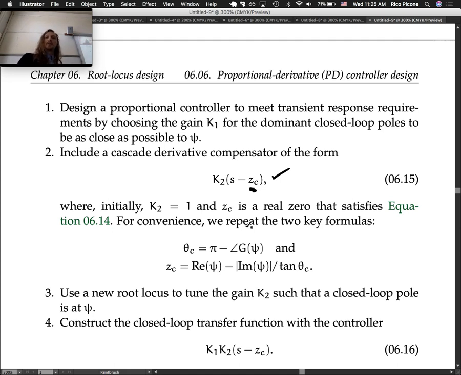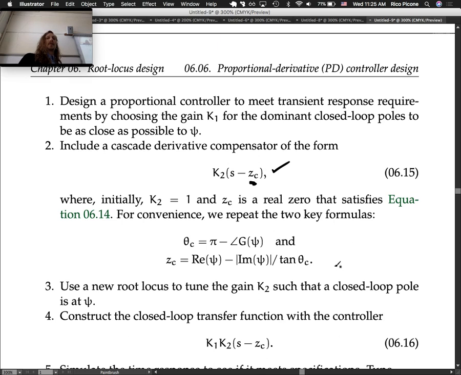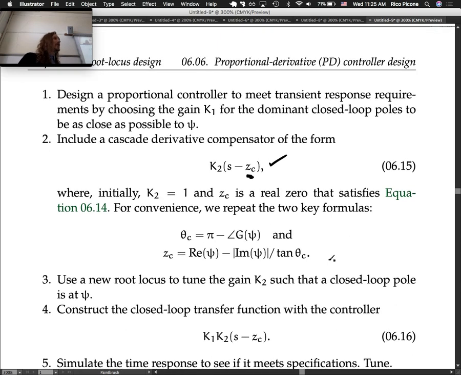And once we know what psi is, we can determine what ZC is by using these 2 key formulas. So I've repeated the 2 key formulas. Essentially, these are the 2 formulas you need to compute what your ZC location should be. Now, these aren't always trivial to compute.